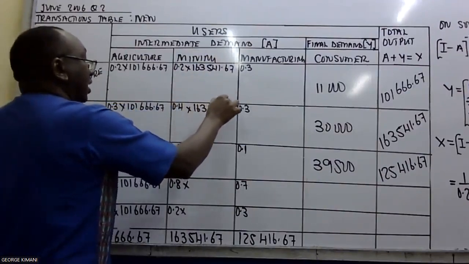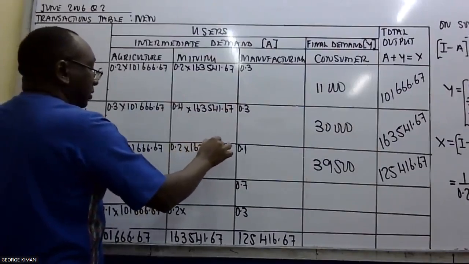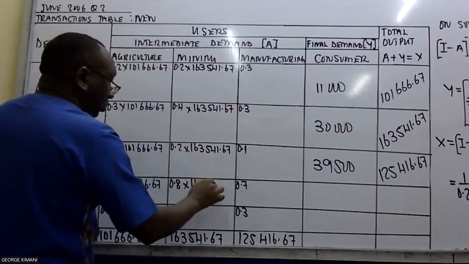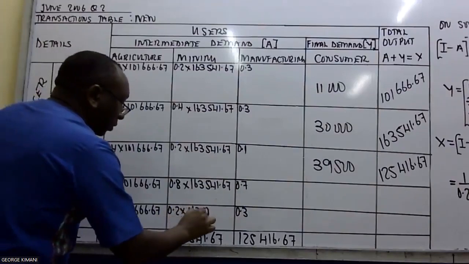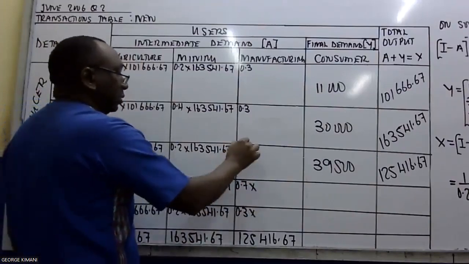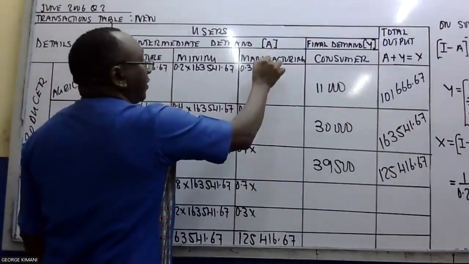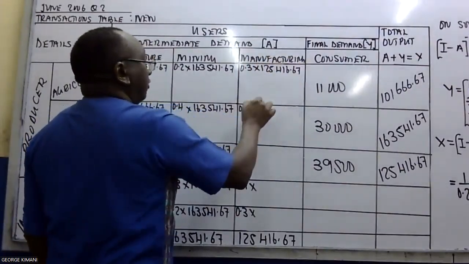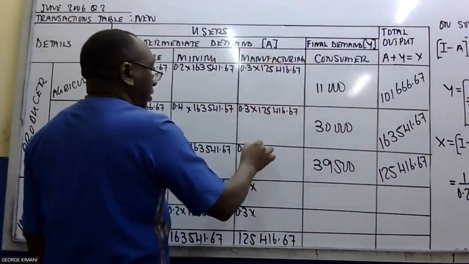Sasa nataka utengeneze another table like this one. Ukijaza these figures and with the answers. That is what I want you to do. So here now I will multiply by which one? 125,416.67.